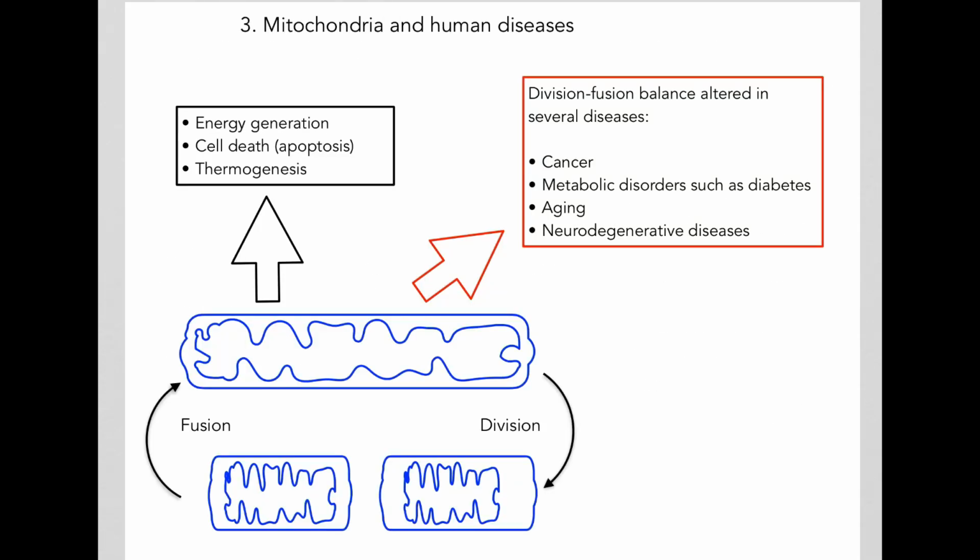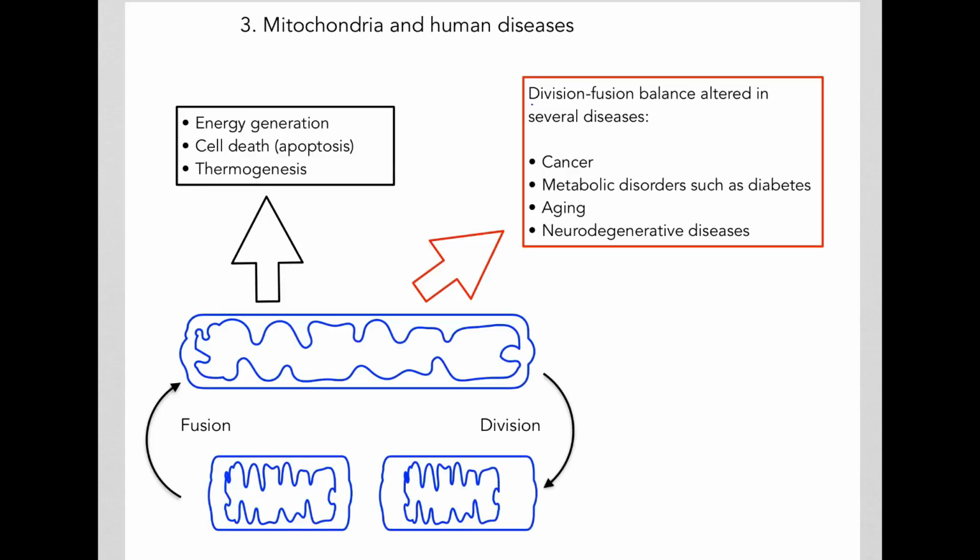Another important aspect of mitochondria is its relationship to several human diseases. This is not surprising, because the mitochondria is the place where most of the energy of a cell is generated, and generating energy 24/7, as we emphasized in previous videos, is extremely important for cell survival.